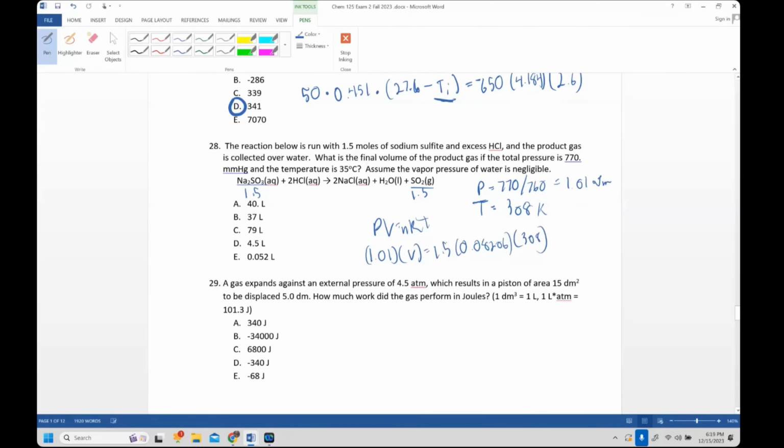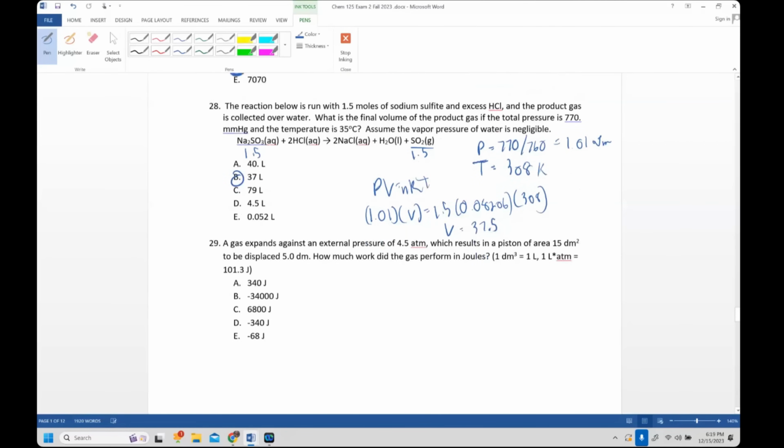So we get 1.5 times 0.08206 times 308 divided by 1.01, and that equals a volume of 37.5 liters. We have 37, so that's the answer. So B is the answer for 28.